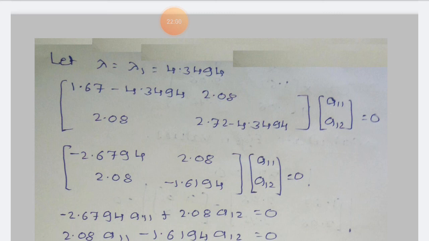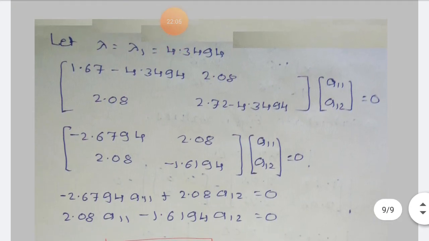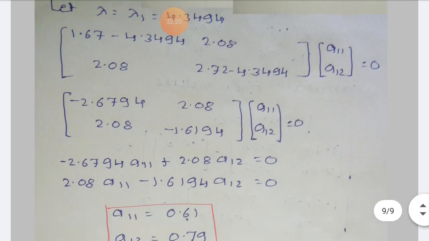After solving this, I am getting the equation minus 2.6794 A11 plus 2.08 A12 equal to 0, and 2.08 A11 minus 1.6194 A12 equal to 0.